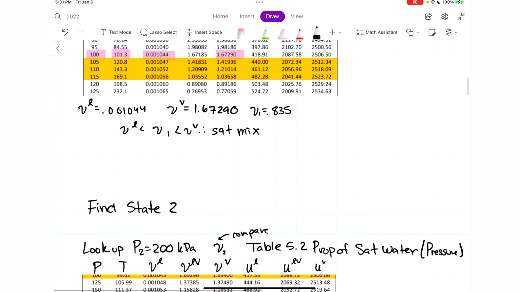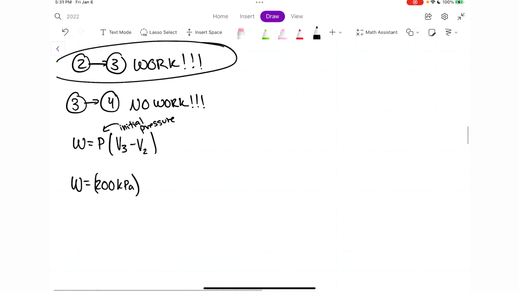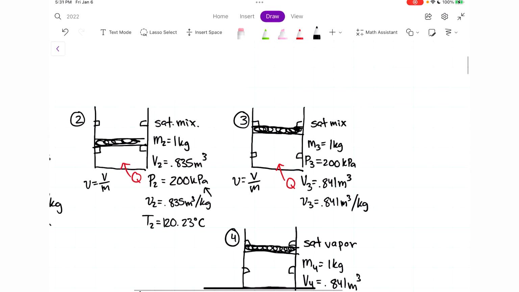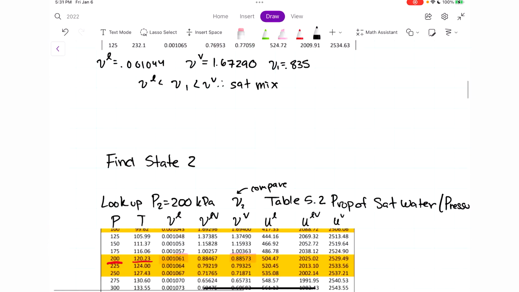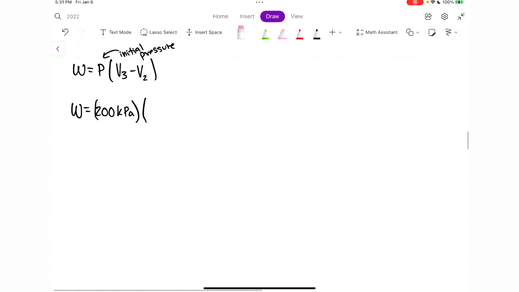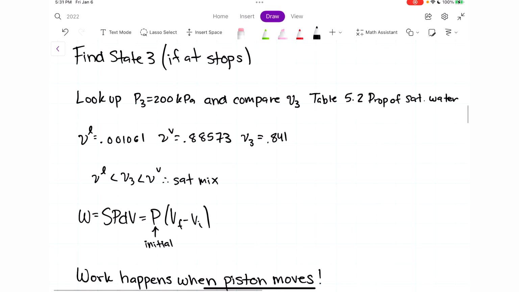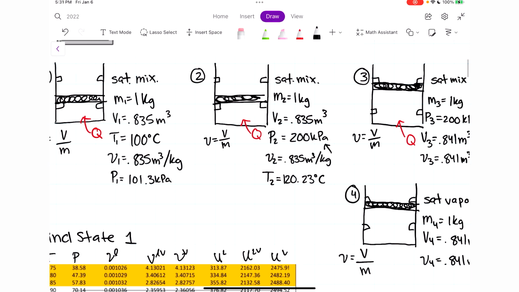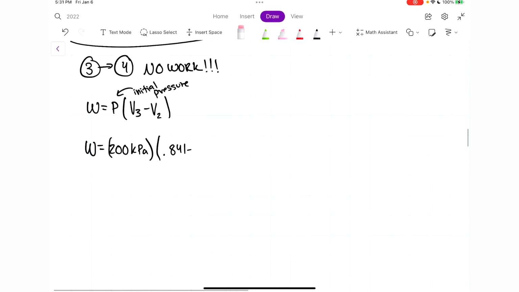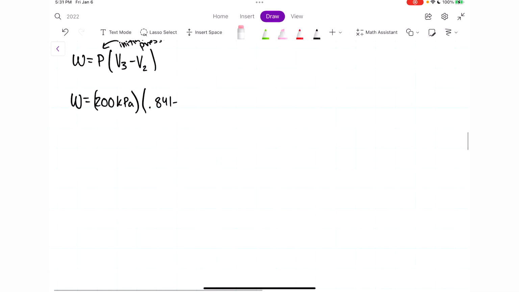So that's why pressure is equal to 200 kilopascals times the volume of state 3. The volume of state 3 is 0.841 meters cubed, minus the volume of state 2, which is 0.835. And all of these are meters cubed.